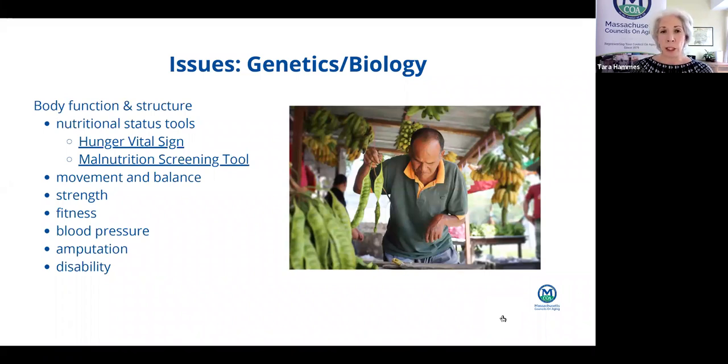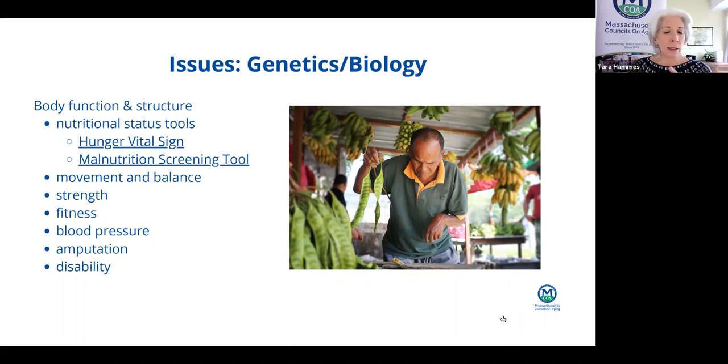Genetics and biology, specifically someone's body function and structure, is also one of the social determinants of health that we need to pay attention to. There are a number of tools. We know tools for screening for diabetes, but also for hunger and the prevalence of hunger in our communities. The hunger vital sign, these are linked here for you in case you aren't familiar with them.